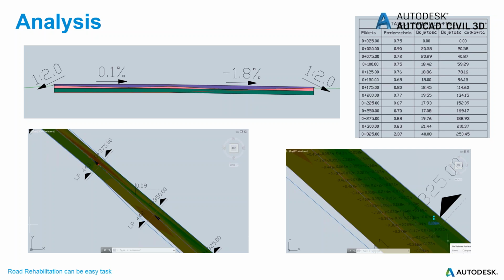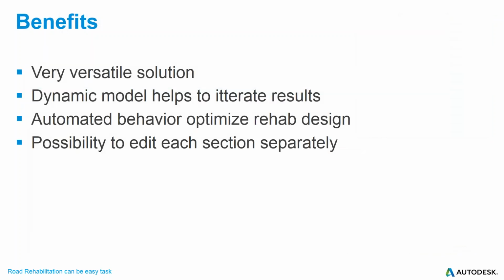So basically I can have this analysis and I can display it. And also I can add points dynamically. And don't forget, if it's an iterative process, if I change the cross-section, these values and these colors will be changed automatically for you. So you can see immediately what is the consequence of your change.